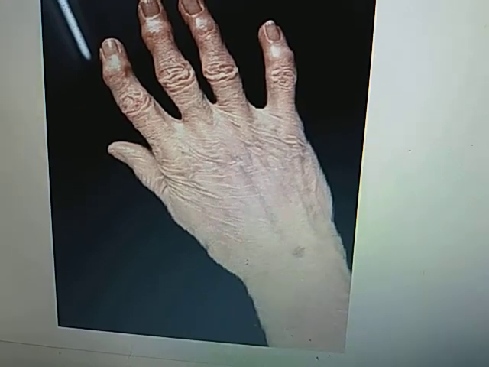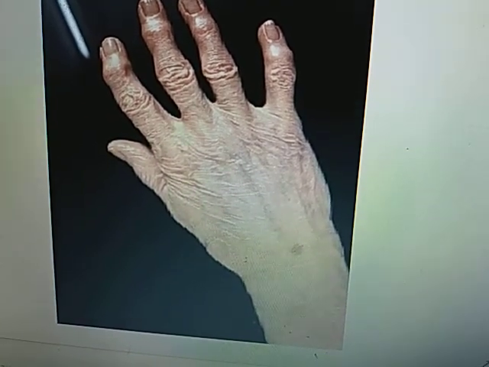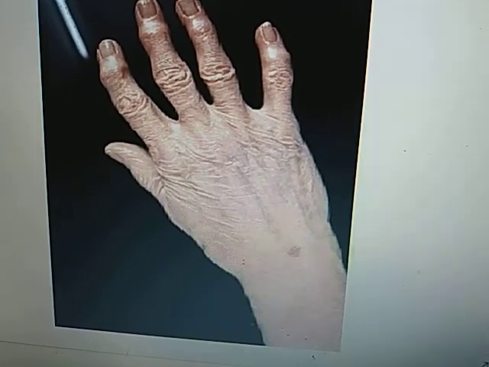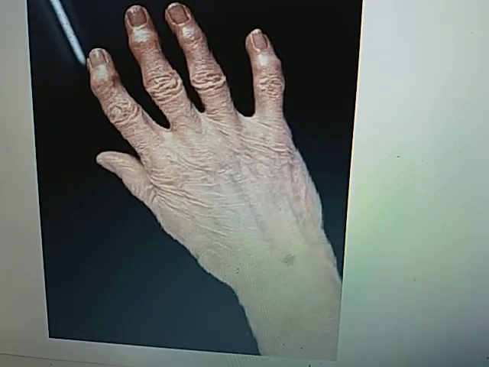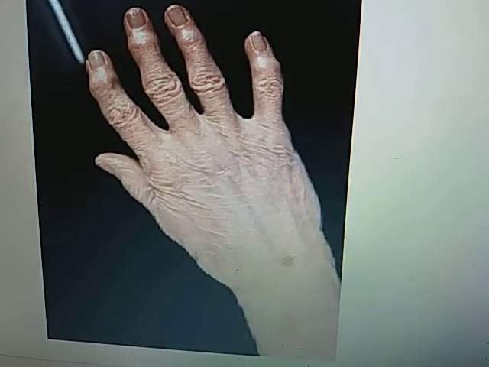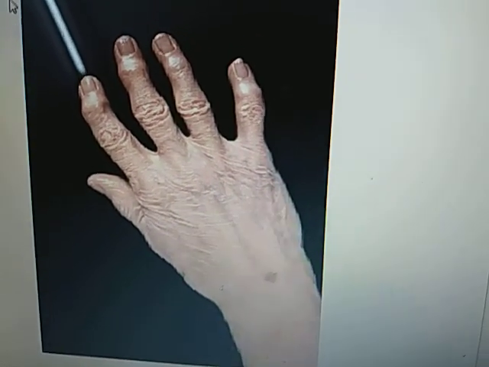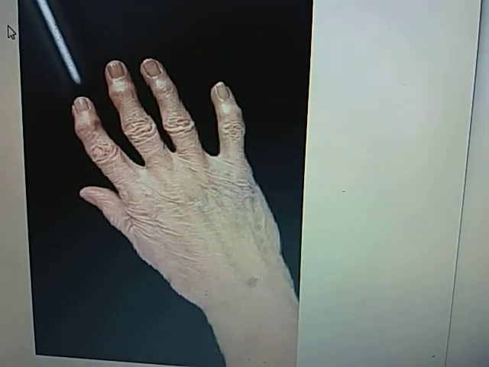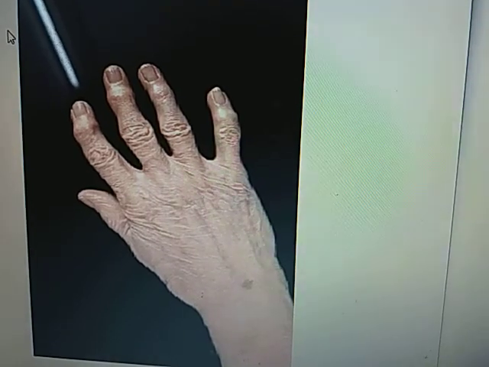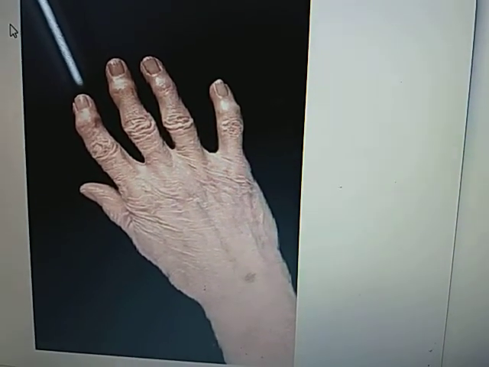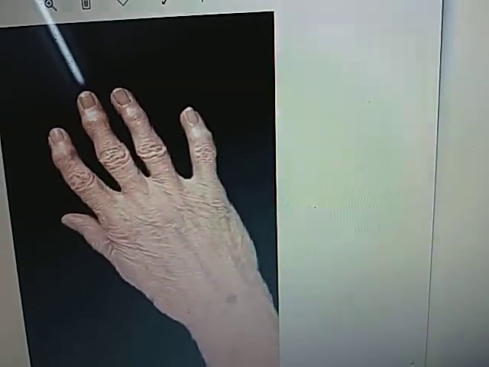In addition to other findings as wasting of the muscles and guttering of the hands due to wasting of the muscles of the hands.